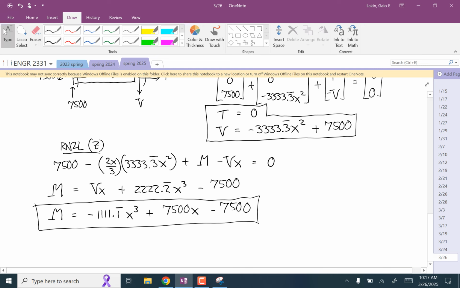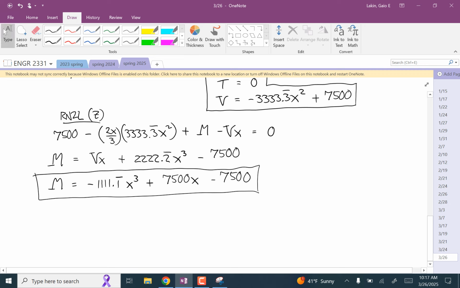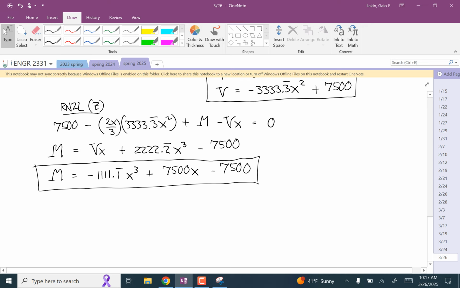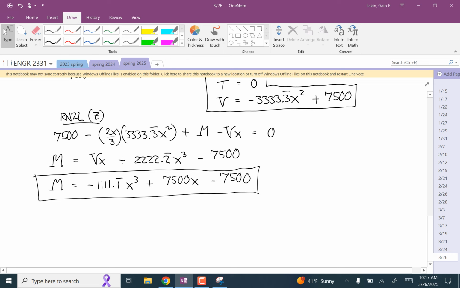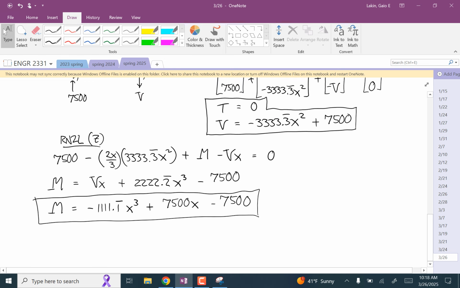So now we have to think about where these are big, where these are small, because we have to locate a point along this beam where we're concerned about things. So let's draw out these graphs. T doesn't come into anything.